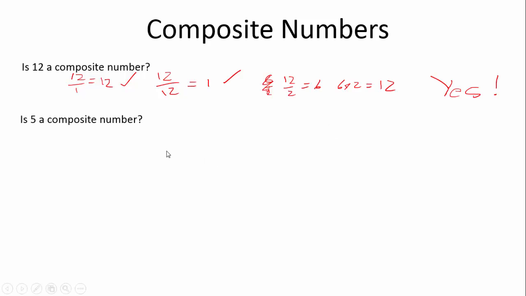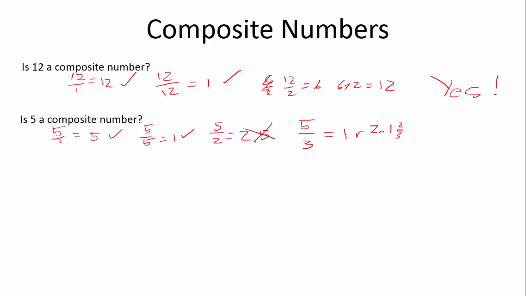Is 5 a composite number? Okay, let's say 5 divided by 1, we know it works, that's 5, it's good. 5 divided by 5, yeah, we know it works, that's good. Okay, let's try 5 divided by 2 is going to give us 2.5. That's not good. 5 divided by 3 is going to give us 1 remainder 2, or 1 2/3.